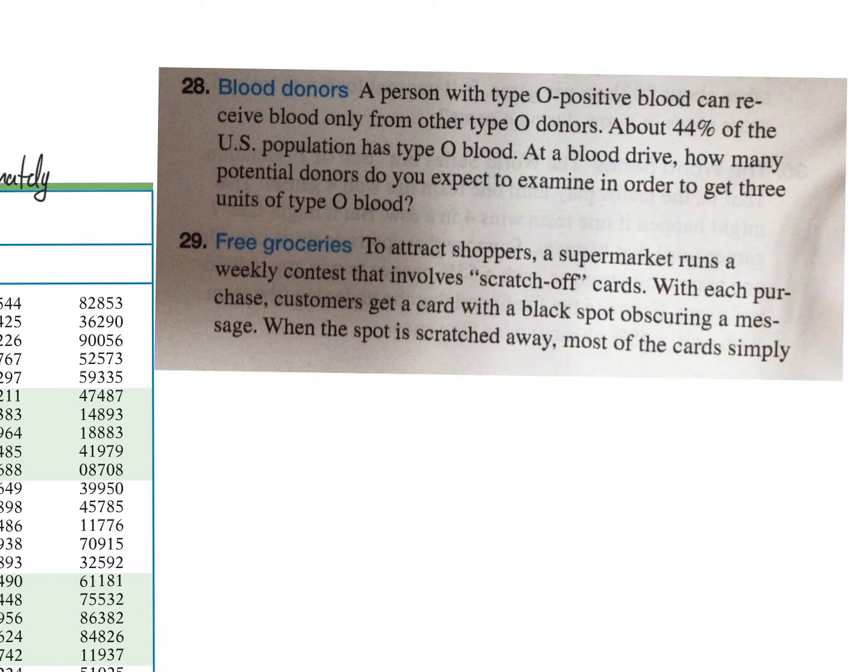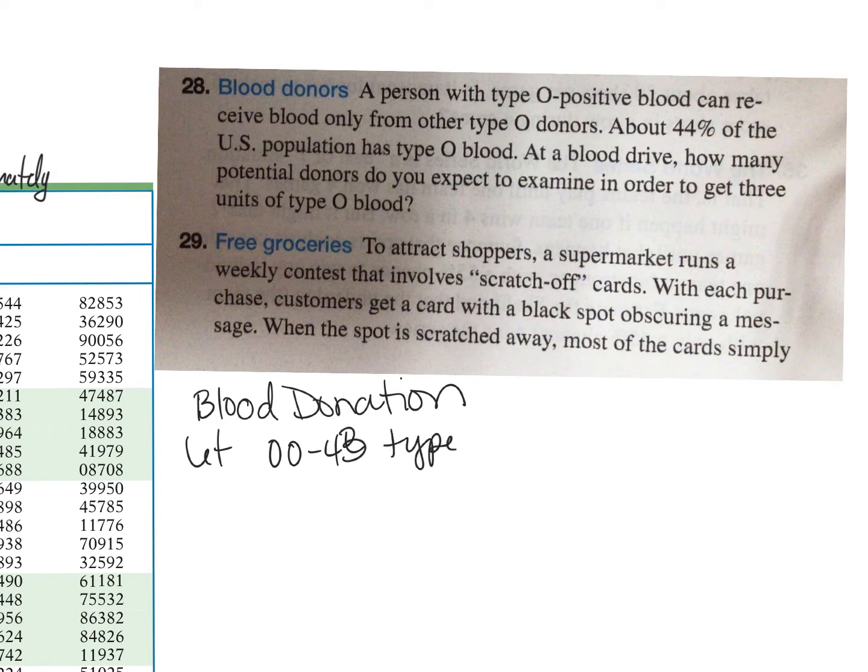So what are we simulating? Blood donation. We're going to let 0 to 43 be type O blood, and let 44 to 99 be other types.